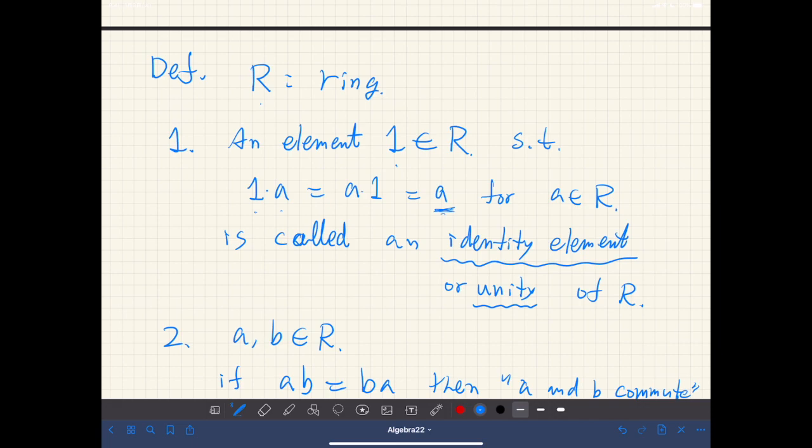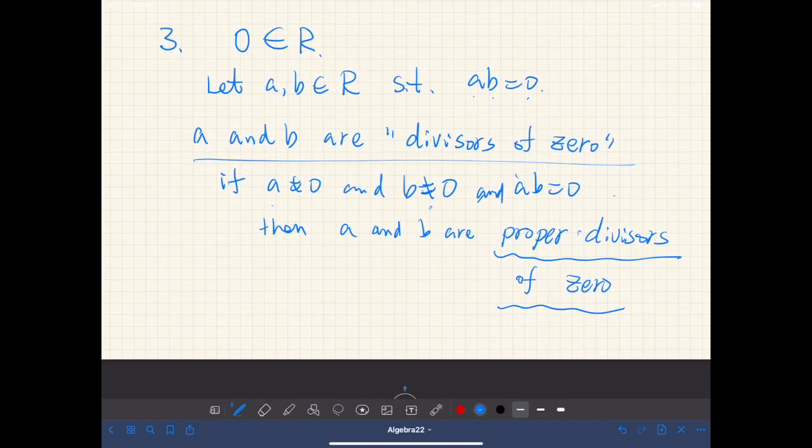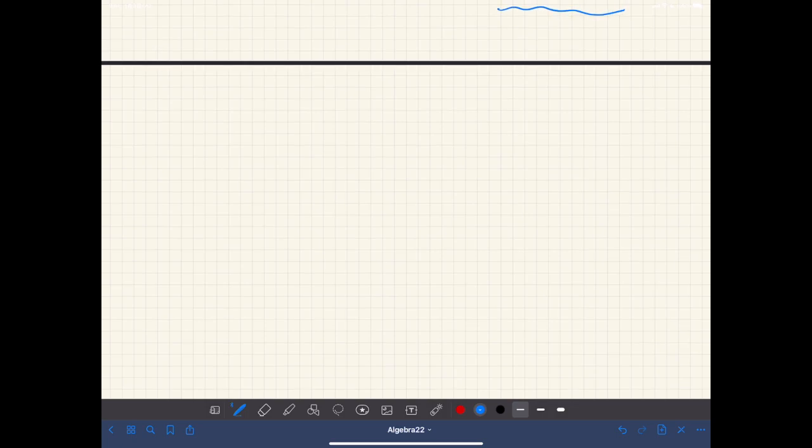And for the identity element, we can say that if there is any identity element, it must be unique. Just like the uniqueness of the 0 element of a ring, if there is an identity element of multiplication, then it is also unique. Let's say 1 is an identity element and 1 prime is also an identity element.